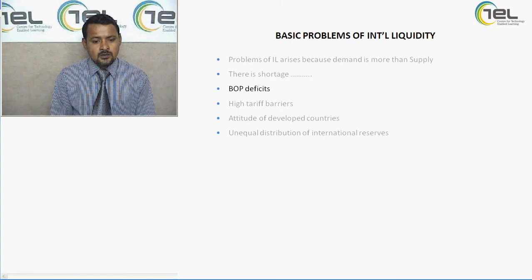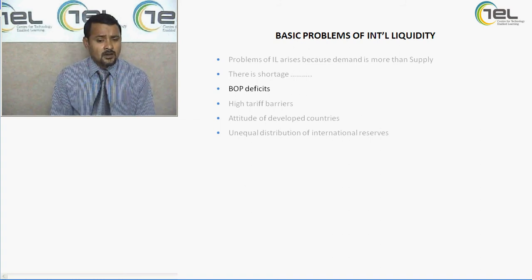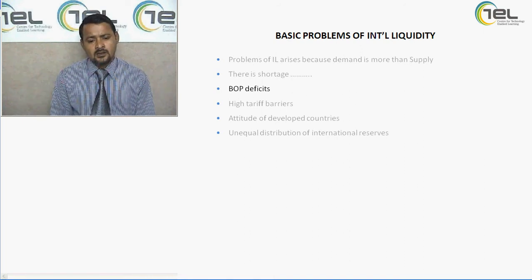They have to pay large amounts of reserves, and that's where the BOP deficits are coming from. If you completely wipe out the oil bill of India, India's BOP deficit would come down by 50 to 60% each year.